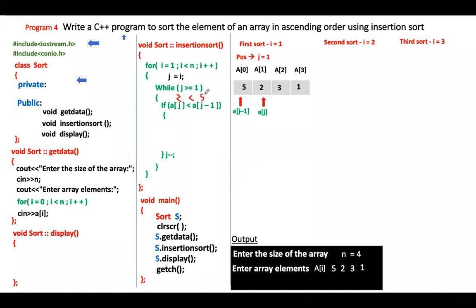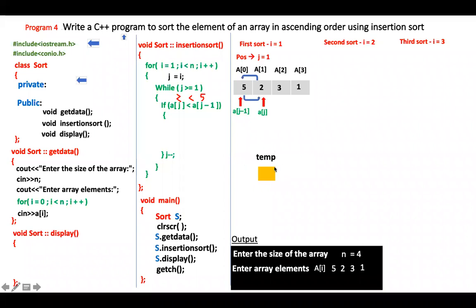Is it true? 2 is less than 5? Yes, it is. Yes, sir. It is true. So if the condition becomes true, if your number is smaller than the next number, it will start exchanging. Like this, 2 will come over here, 5 will come over here. So how will the exchange take place? I showed you.